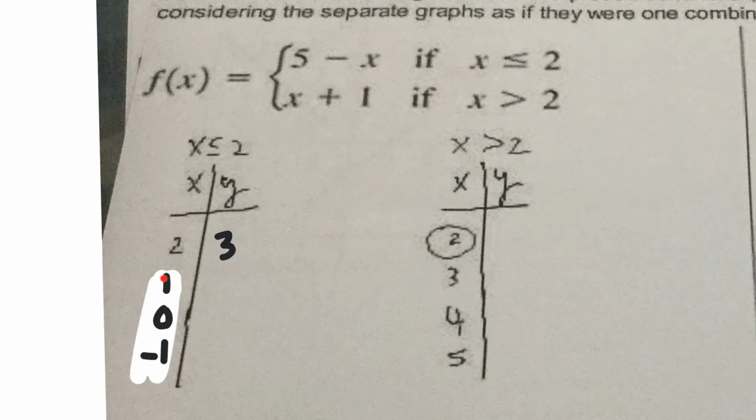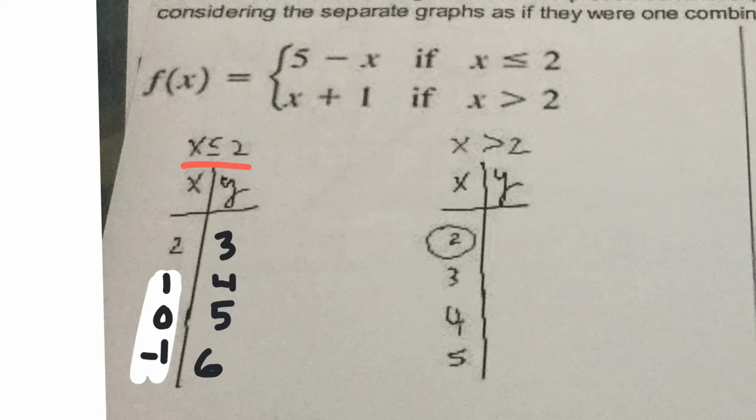Now if I plugged in 1, well 1 is less than or equal to 2, so again that goes here in the first line. So 5 minus that 1 would give 4. If you plug in 0, you get 5. If you plug in negative 1, 5 minus negative 1 would be 5 plus 1, which is 6.